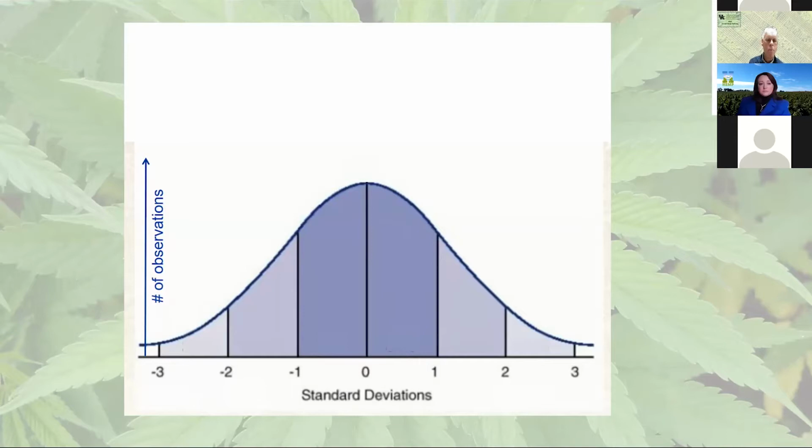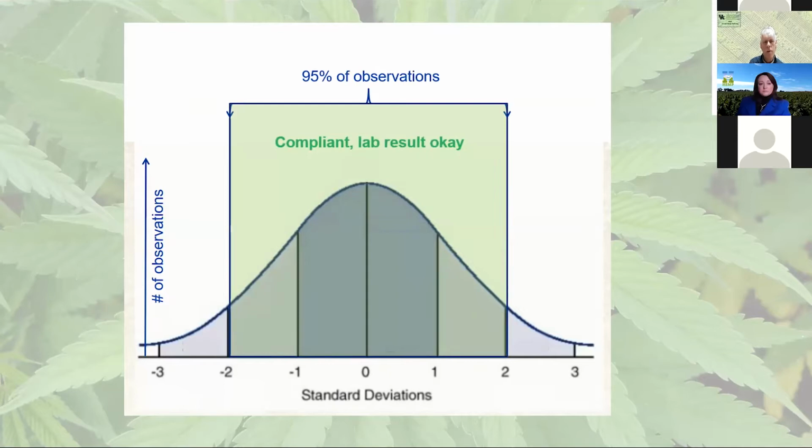Approximately 68% of the data is expected to be within -1 to +1 standard deviation. 95% of observations are within -2 to +2 standard deviations of the average. When we receive results from the different laboratories, if their result falls within this region, they're given a lab report indicating that their test result is compliant.